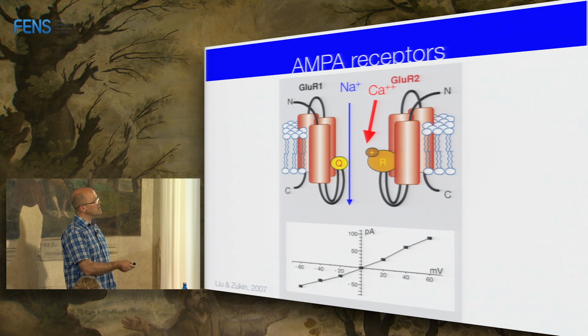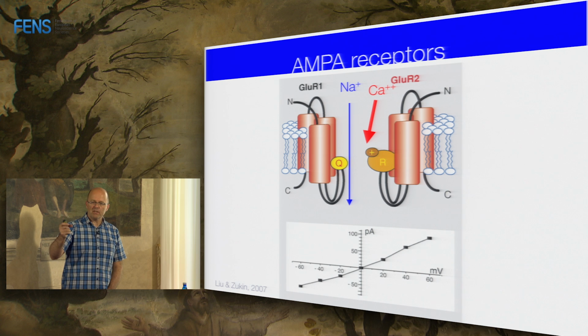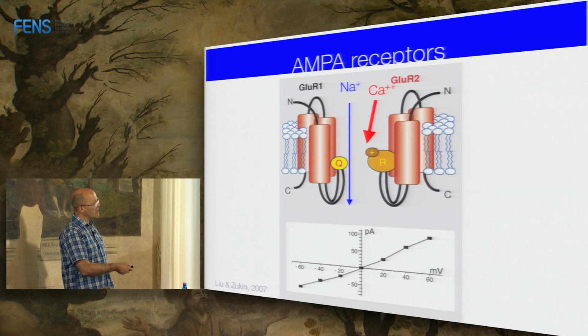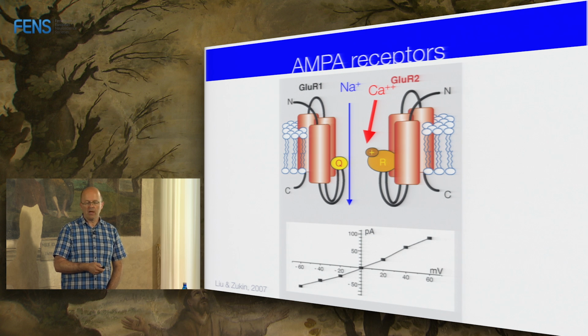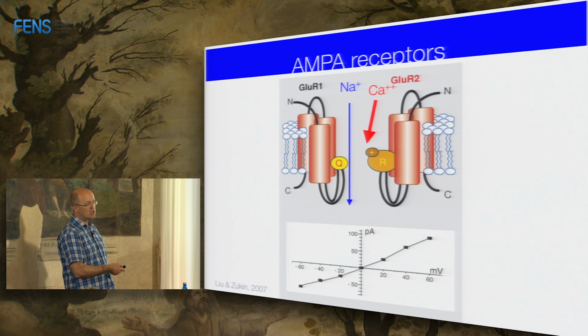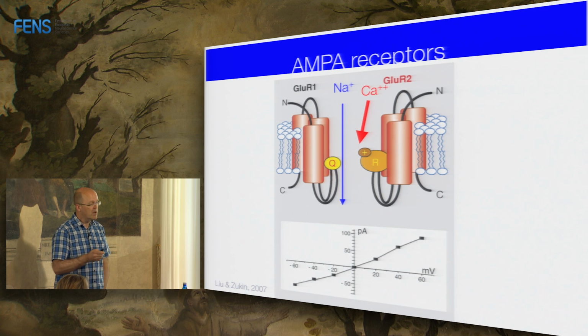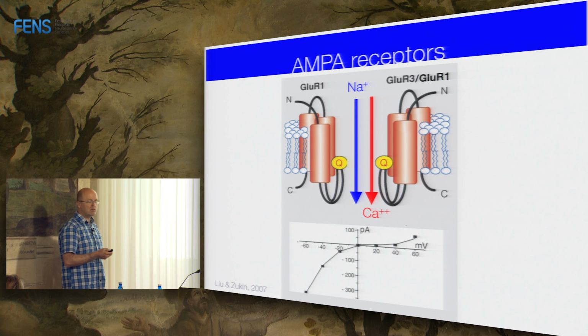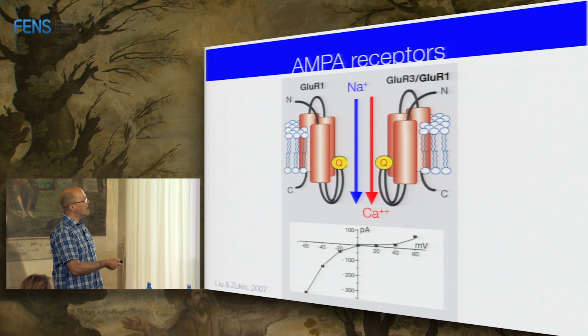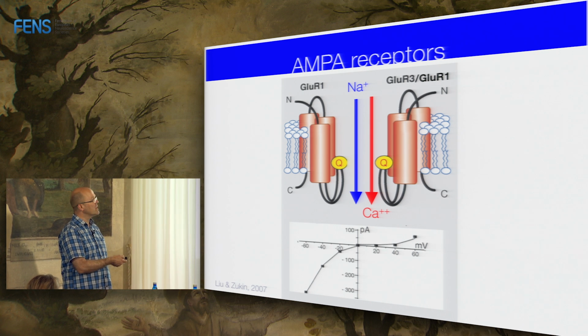And this GLU-A2 has a specific property, that is, it is edited such that there is a large arginine residue in the pore region, and because this is so big and positively charged, calcium cannot enter the cell, and the single unit conductance for sodium is decreased. And as a consequence, we have a linear current-voltage relationship. So in AMPA receptors that do not contain GLU-A2, we have a glutamine in the pore region that is much smaller.